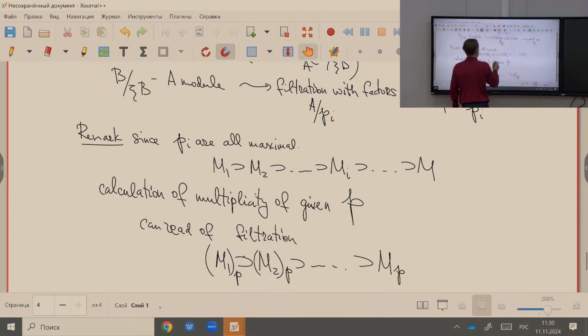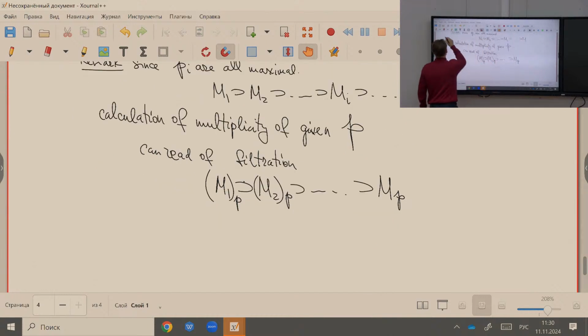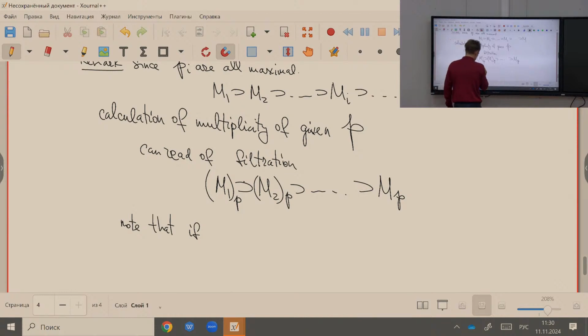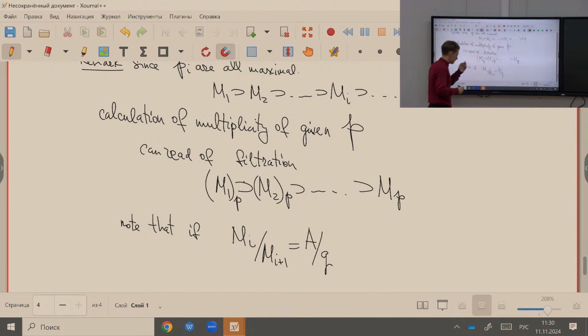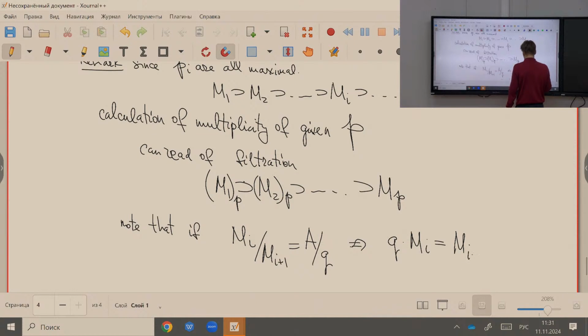So note that if you have the property that m_i modulo m_(i+1) is a mod q, yes, that means that if you multiply by q, m_i is equal to m_(i+1).